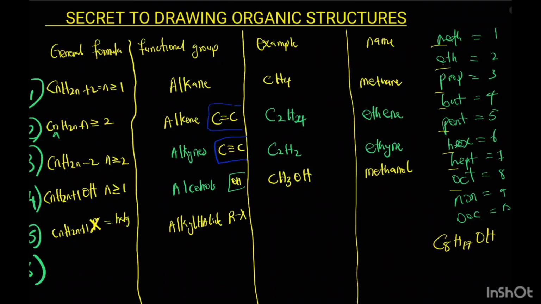Halogens. Example, we can have C2H5Cl. This is ethyl chloride, or you can call it chloroethane. So this is a what? An alkyl halide. So ethyl chloride.